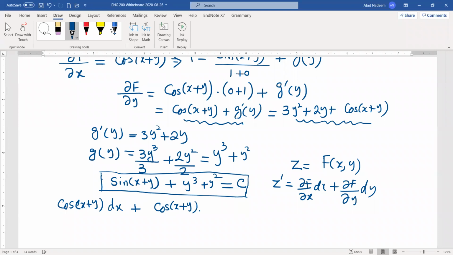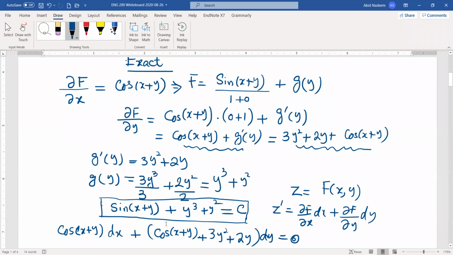From the chain rule, it will be 0 plus 1, so it will remain cosine of x plus y. For y cube, it will be 3y square. For y square, it will be 2y times dy, and then that will be equal to 0 because the derivative of a constant value is equal to 0.